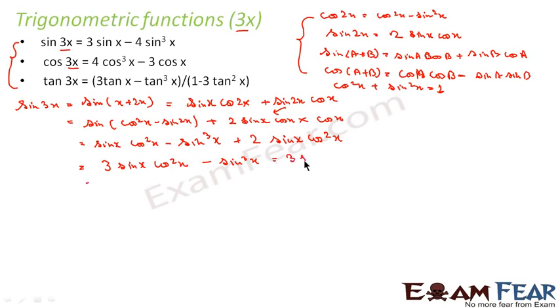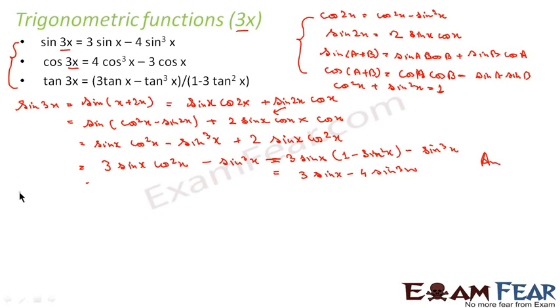So this I write here: 3 sine x times (1 minus sine square x) minus sine cube x. If you expand the whole thing, this is nothing but 3 sine x minus 4 sine cube x, because this becomes 3 sine x minus 3 sine cube x minus sine cube x, equal to 4 sine cube x. So we have proved this.